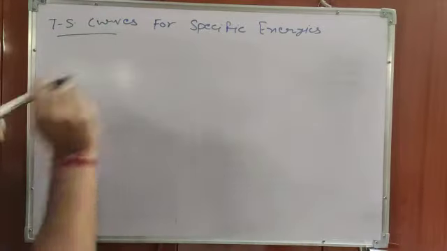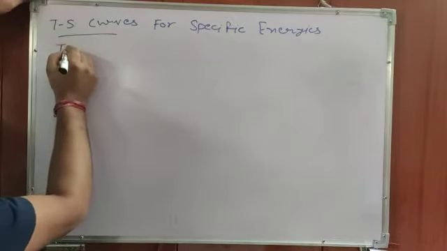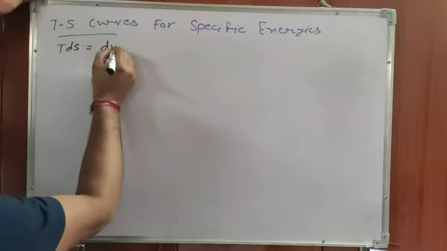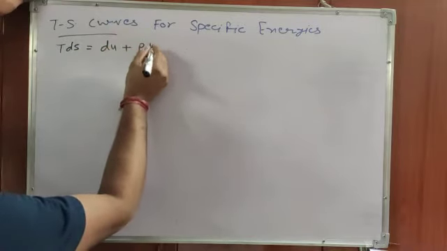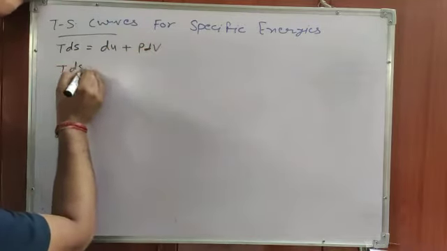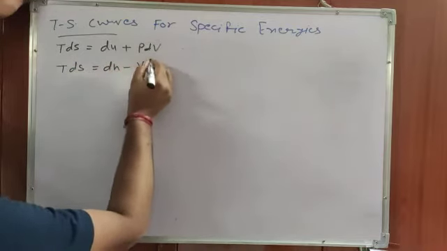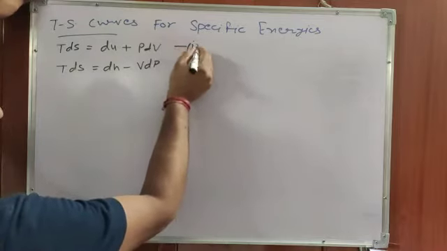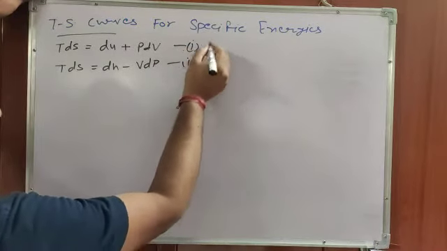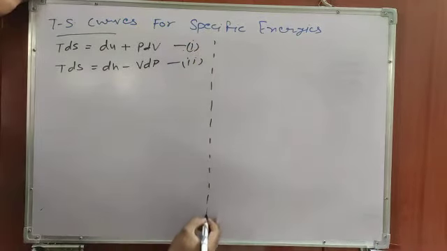We have derived the two TdS equations. TdS is equal to dU plus P dV, and the other is TdS is equal to dH minus V dP. First and second, these are the two TdS equations.